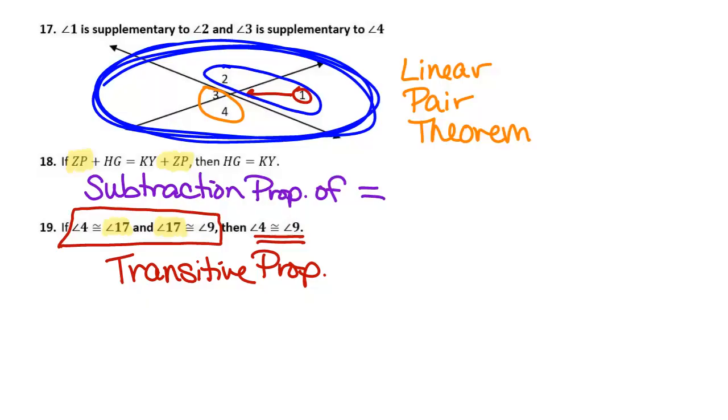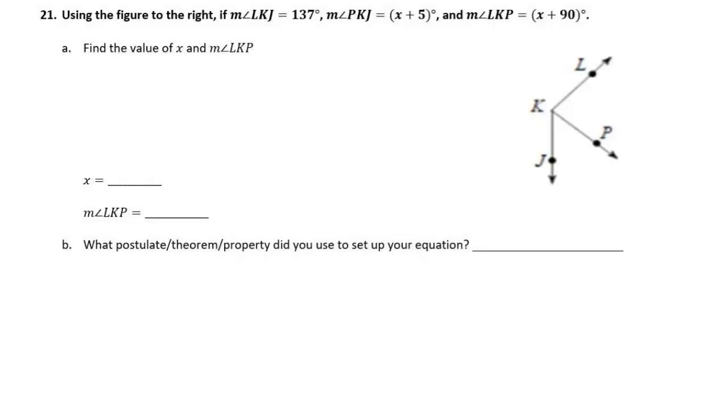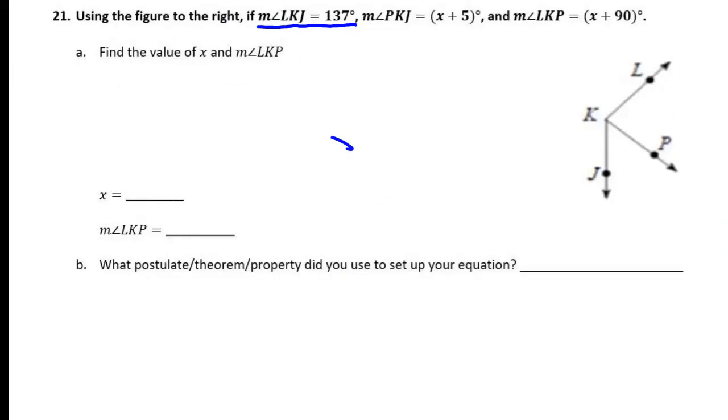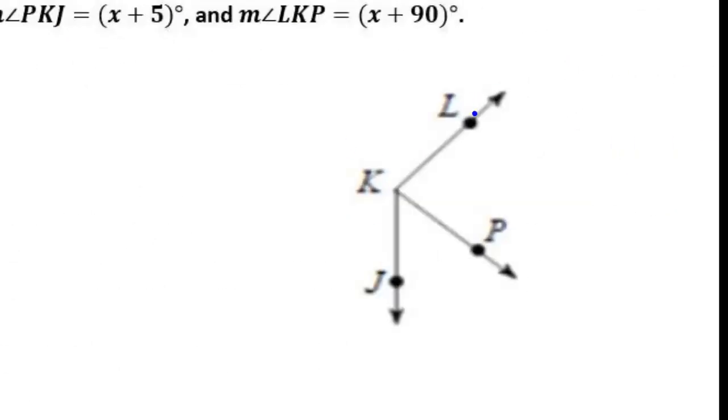This is a fantastic problem. Problem number 21 back here. Says using the figure to the right, the measurement of angle LKJ is 137 degrees. LKJ is this.